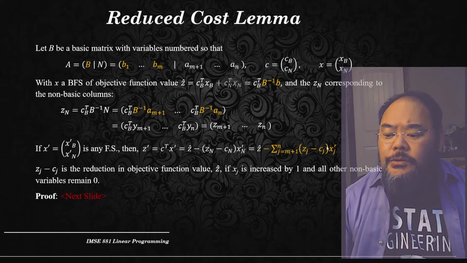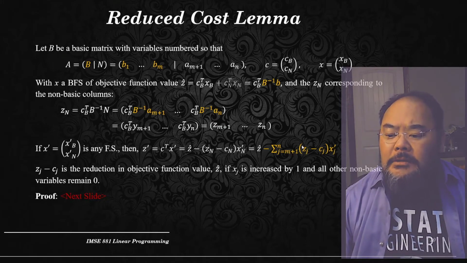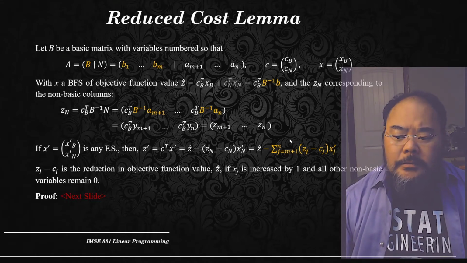If I choose zj minus cj as positive, I can reduce my current objective function. If zj minus cj is negative, then with the minus sign right here, I actually increase my objective function, which is not what I want.